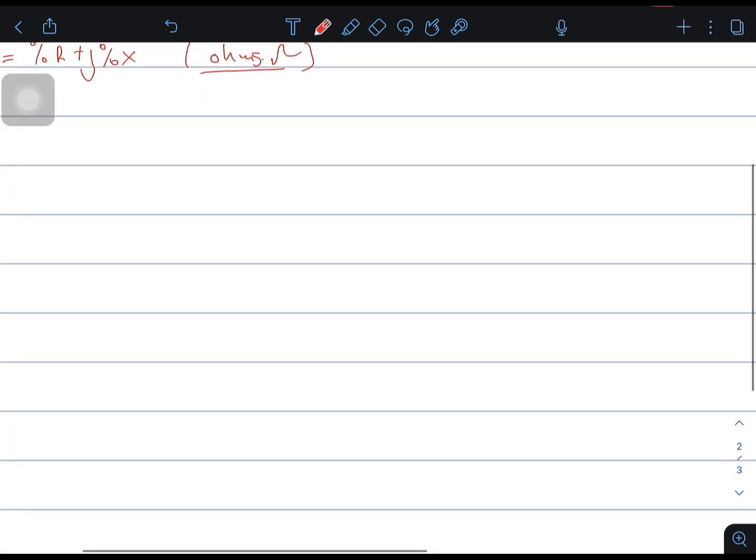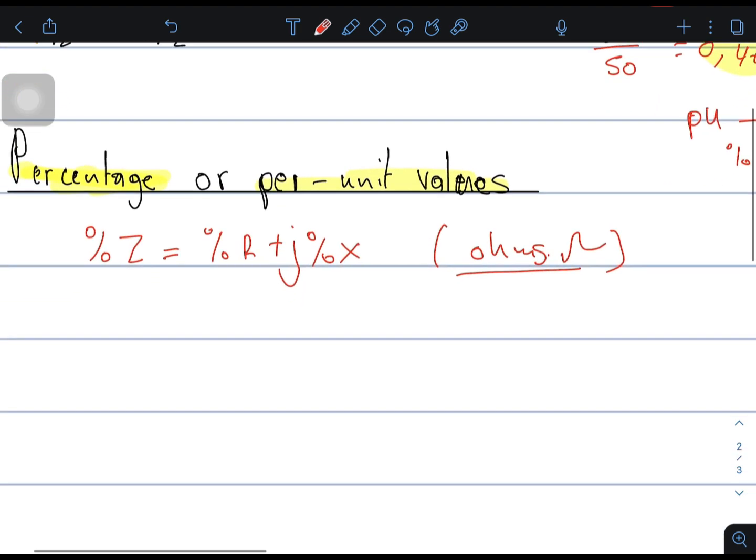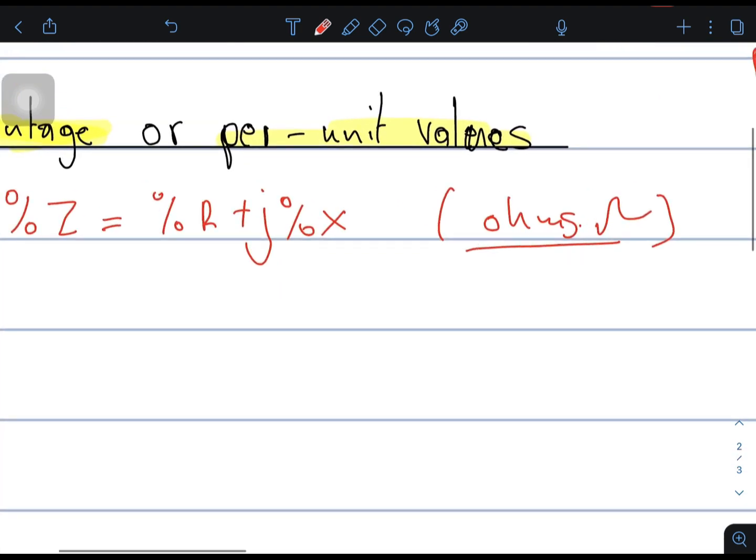Then let us write down. So this is not in what? Not in ohms, and has no unit. Okay, remember percentage and per unit values have no unit. Okay, this is just percentage.